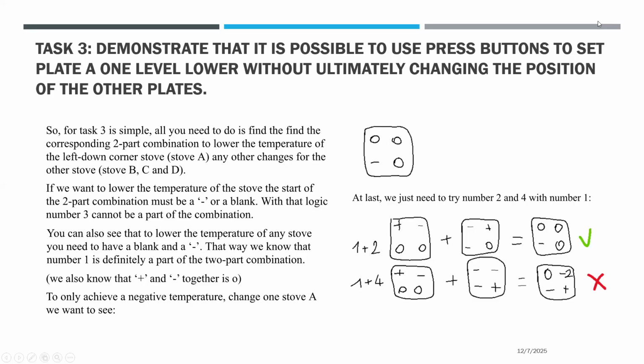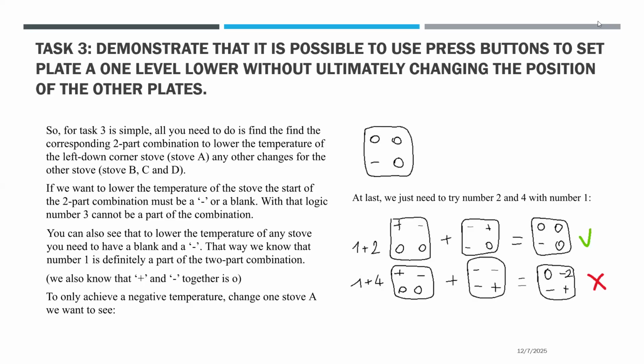If you don't want to change any others, you need a plus and a minus. So with the stove A left down corner, you need to have a plus or a minus and a blank. And if we look at the only blank at the left down corner, stove A is only button 1.